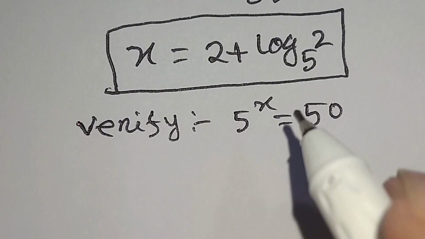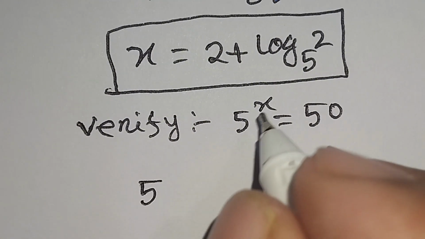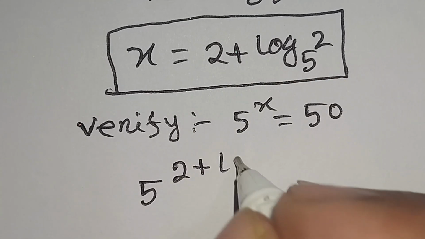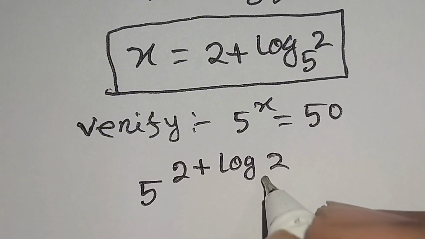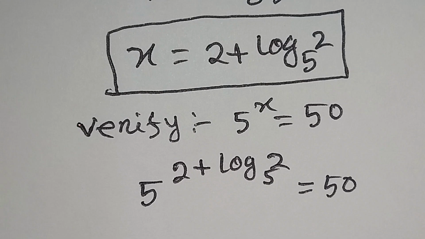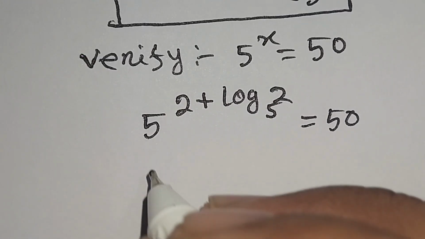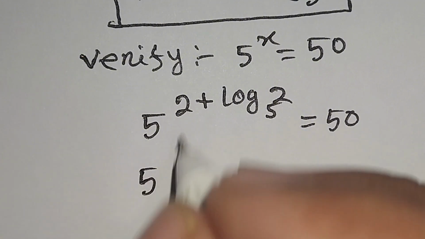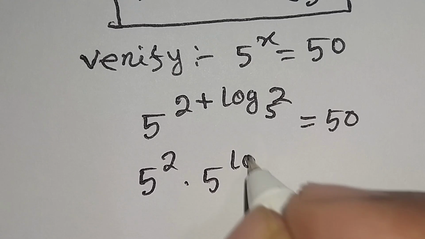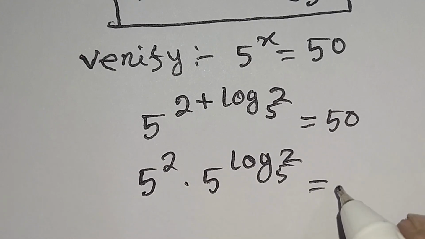Now we will substitute the value of x here. 5 to the power x is equal to 5 to the power 2 plus log 2 to the base 5, which should equal 50. Here 5 to the power 2 times 5 to the power log 2 to the base 5 is equal to 50.